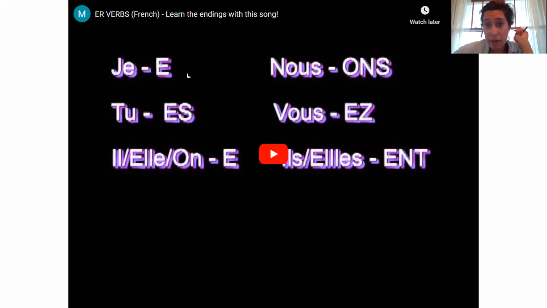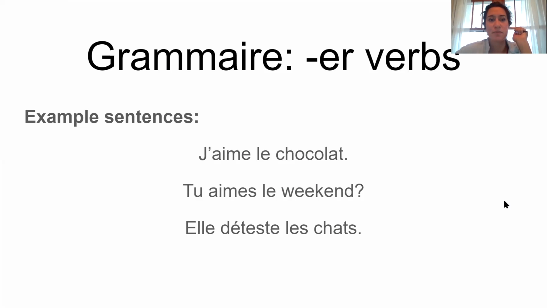And it's amazing how powerful songs can be to memorize endings. A lot of my students, if you ask my French 3 students, they will say that they remember this. So I'm not going to sing it to you, but you can play that song. Like I said, it's 30 seconds. And it might help you in remembering the endings for ER verbs.